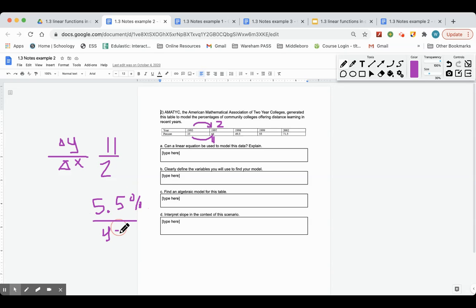Now let's see if that is true for all of them, and what I mean is all the ordered pairs. When we go from 97 to 98, that's an increase of 1 year. If we take our calculator and do 49.5 minus 44, we'll see that's an increase of 5.5%.